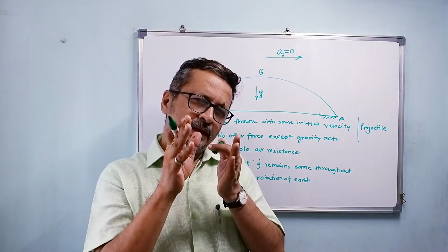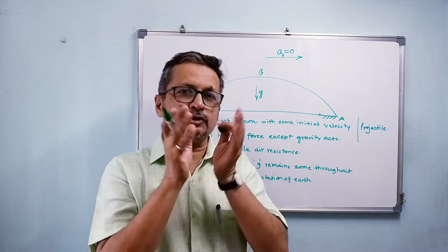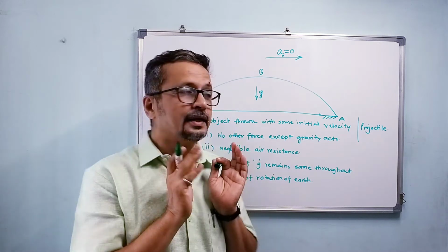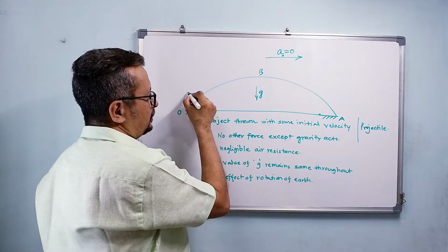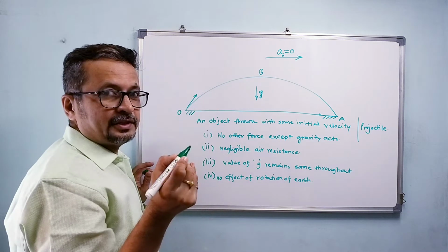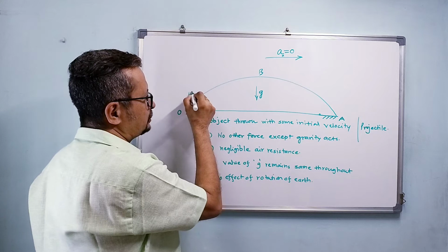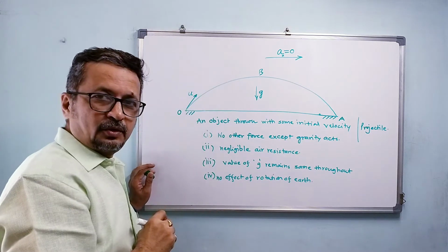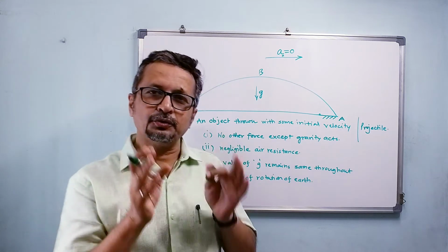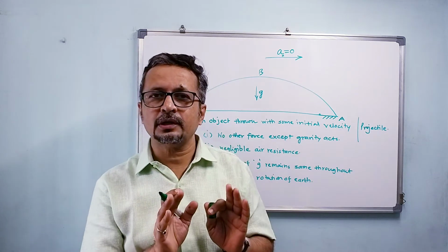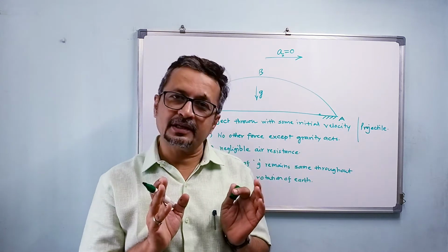Let us again give a little thought to that. Now just come back to our football. I have given it some initial velocity, let us call that velocity u. Now, is this velocity u horizontal? No. Is it vertical?